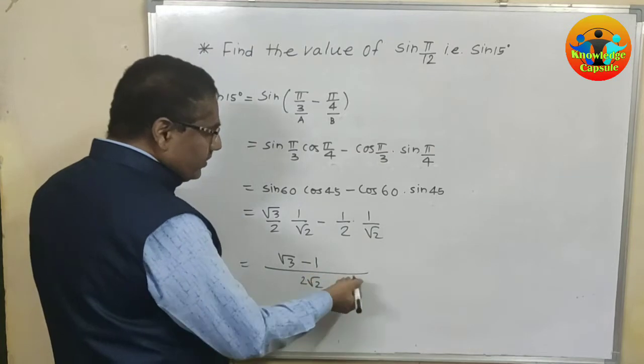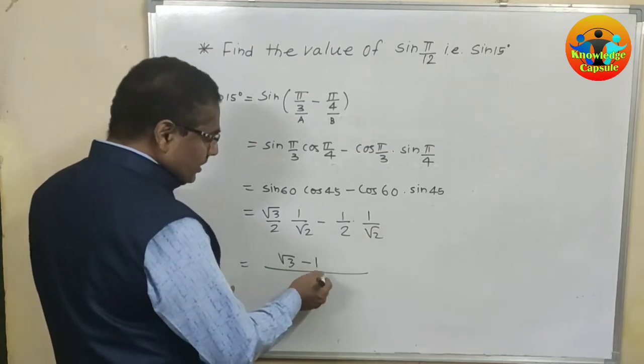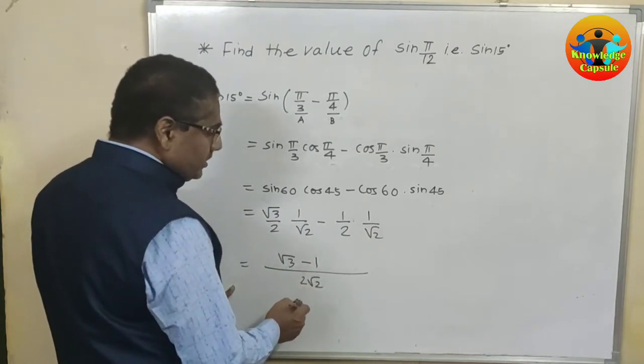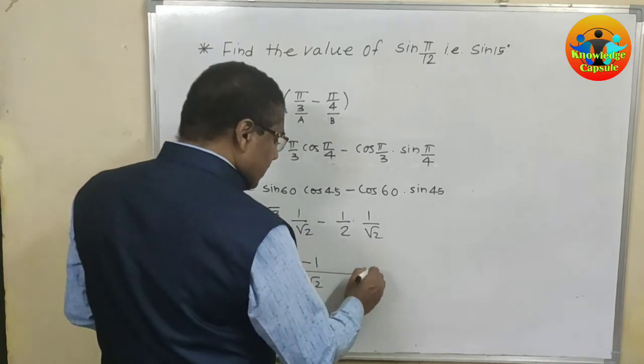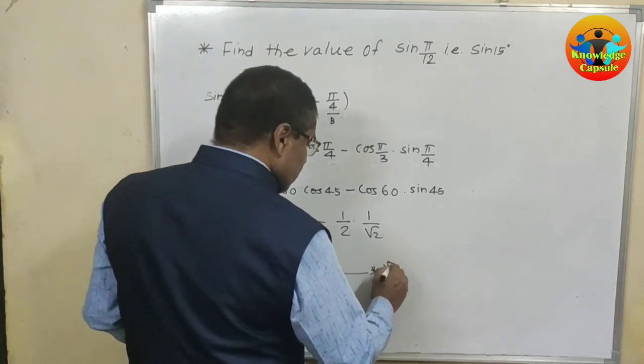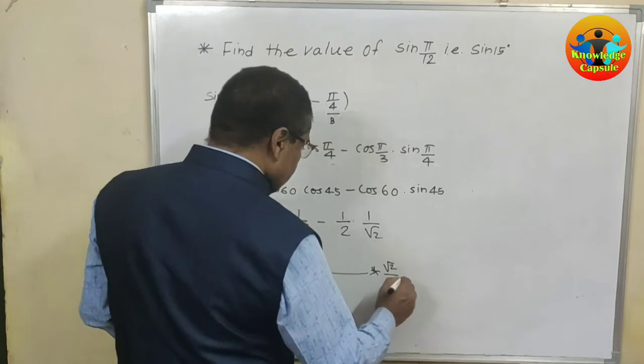If you want to simplify further, we can rationalize this denominator multiplying it by root 2 in the numerator as well as denominator.